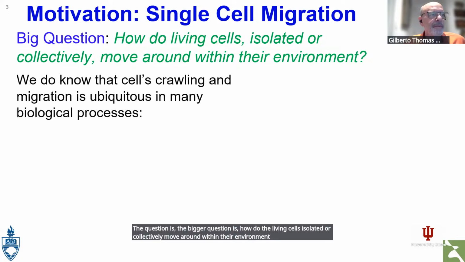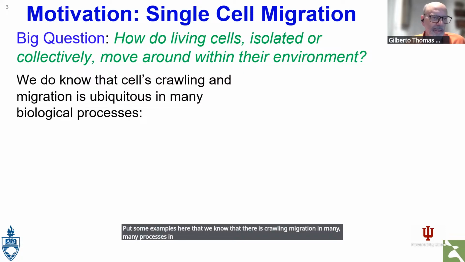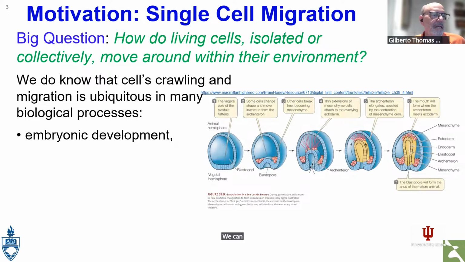We know that crawling and migration occur in many processes in biological development, for example embryonic development, the gastrulation process, where cells from the starting egg move and rearrange to form the spinal cord and so on.